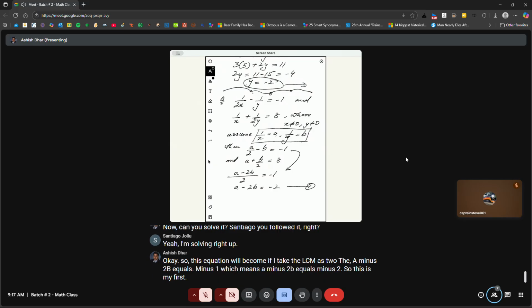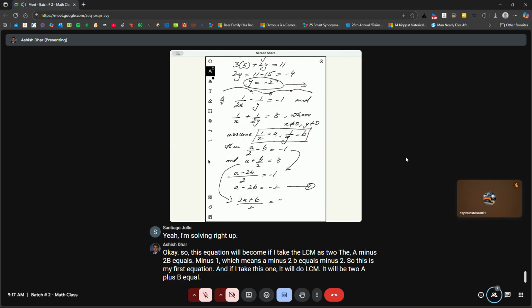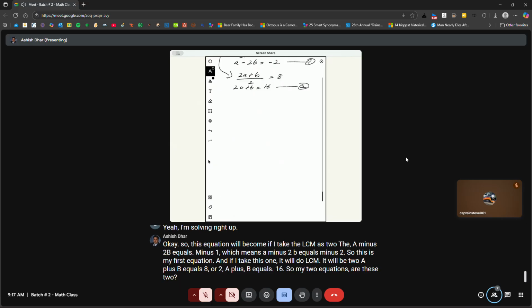So this is my first equation. And if I take this one, with LCM 2, it will be 2a plus b equals 8, or 2a plus b equals 16. So my two equations are these two.